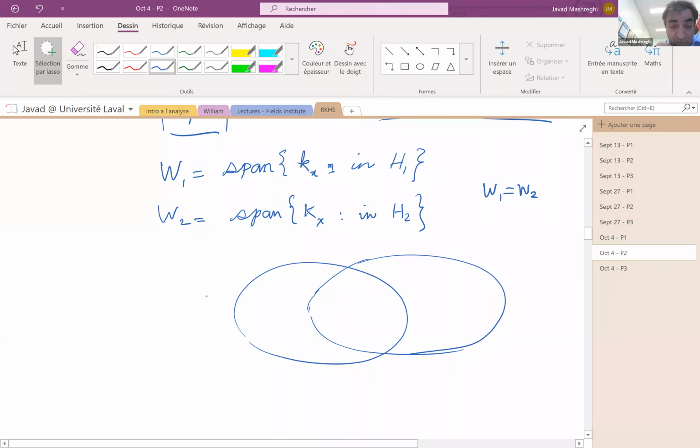It's my goal. So let's assume that we have this picture. I introduce W here, which is the same as W1 equal to W2 equal to W. W is in both H1 and H2.